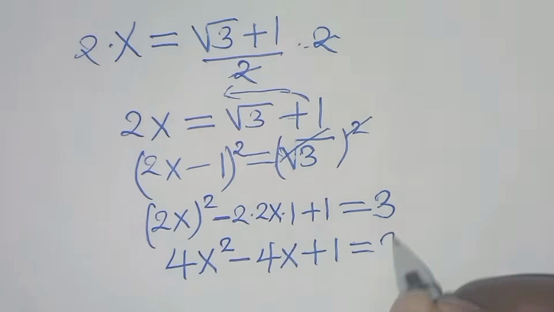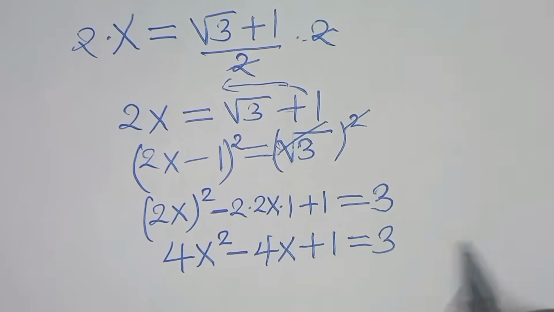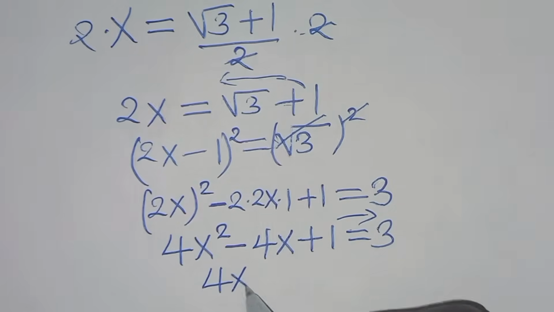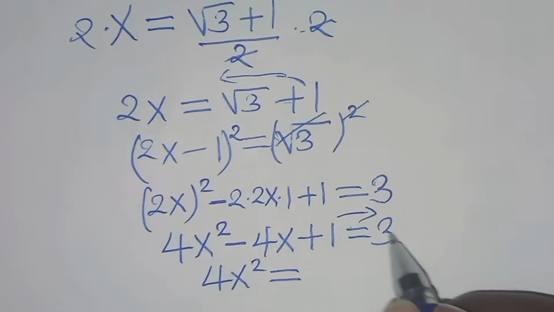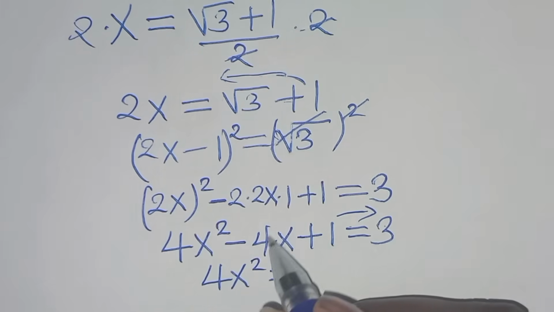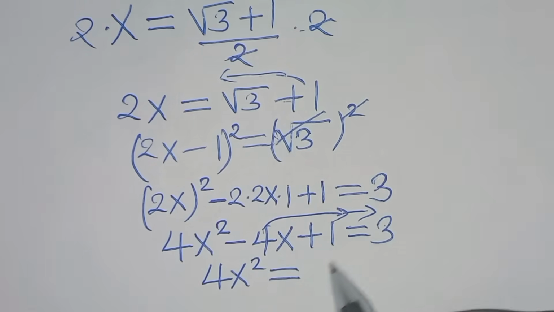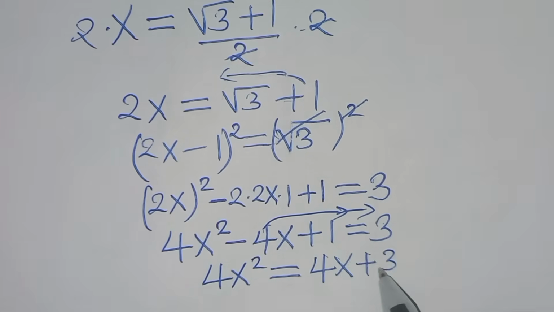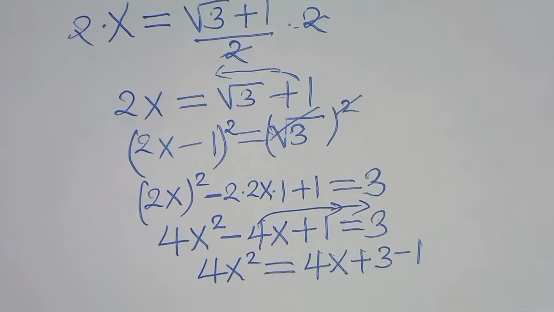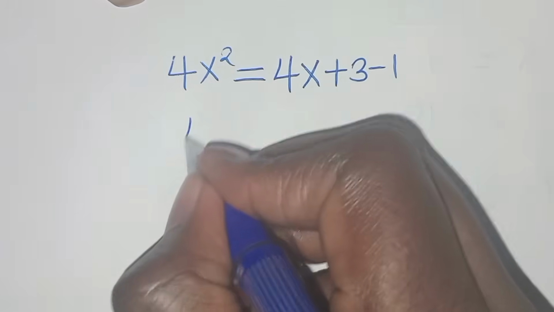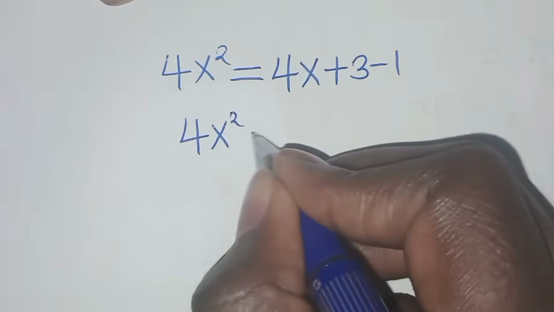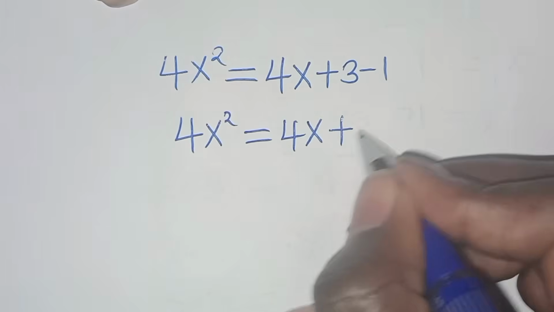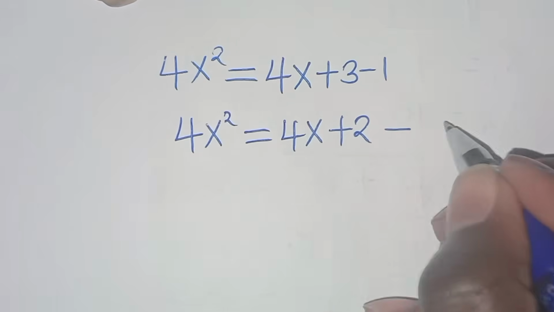This is equal to 3. Let's take 1 to the right hand side, so that we have 4x² equal to 3 − 4x. Let's take −4x also to the right hand side, so that we have 4x + 3 − 1. So from here we have 4x² equal to 4x + 2. Let's call this equation 2.